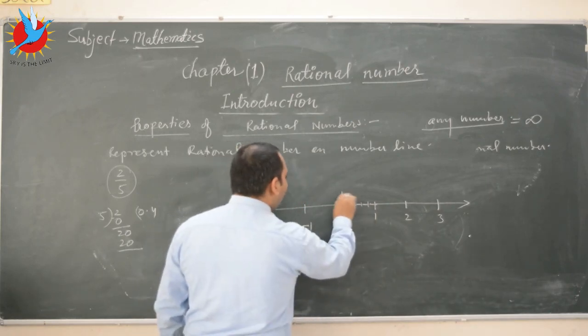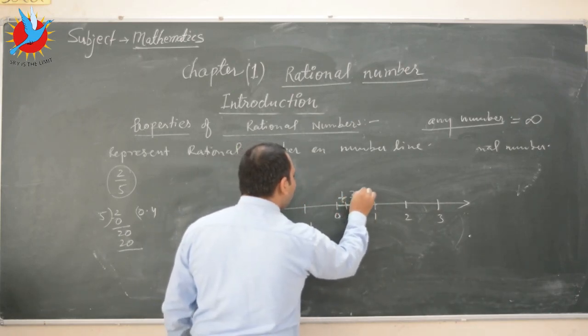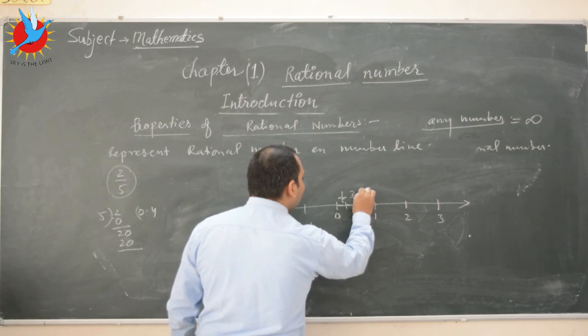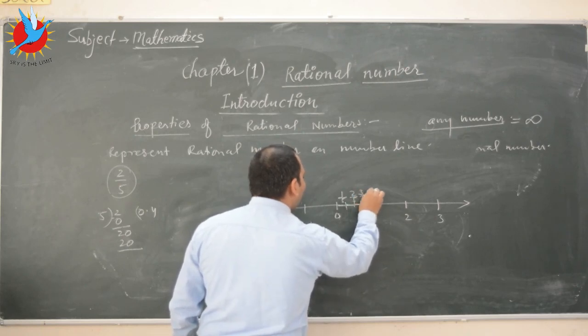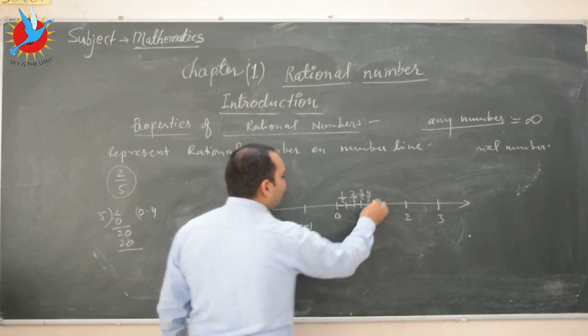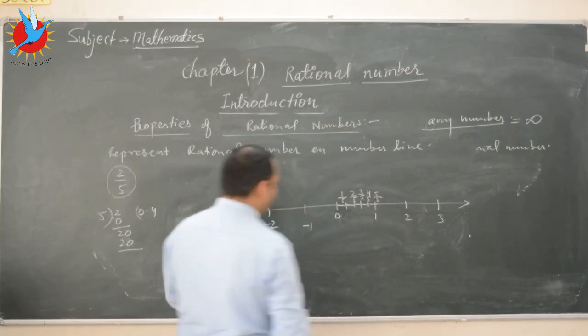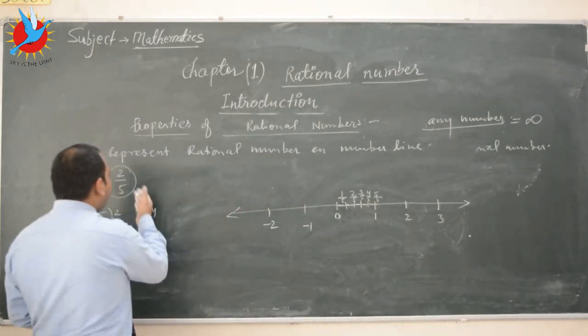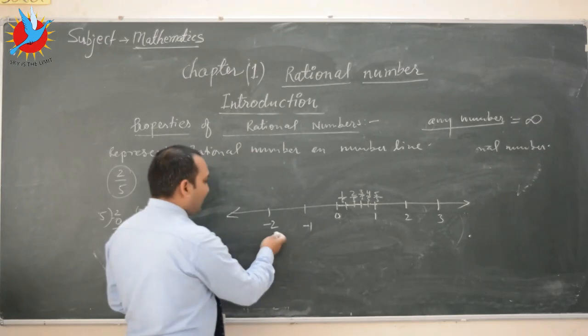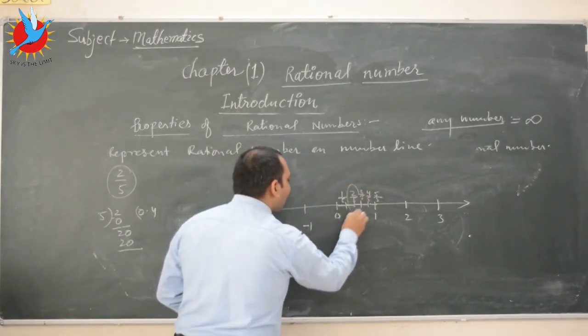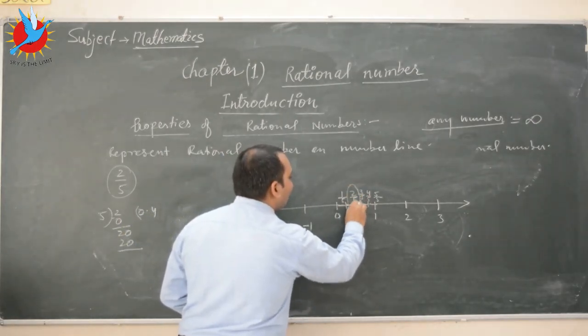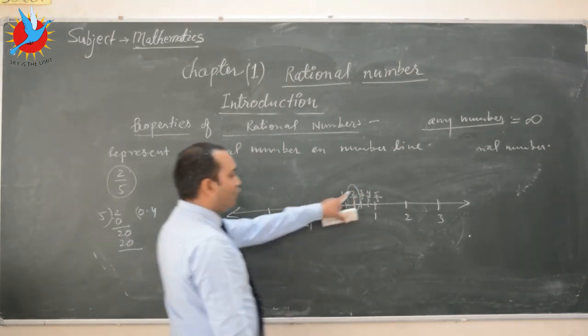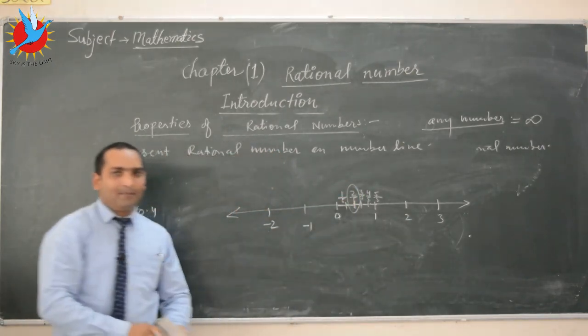So this is 1 upon 5, this is 2 upon 5, this part is 3 upon 5, 4 upon 5 and this is 1, that is 5 upon 5. So to represent 2 upon 5 on the number line, this point is 2 upon 5. Thank you.